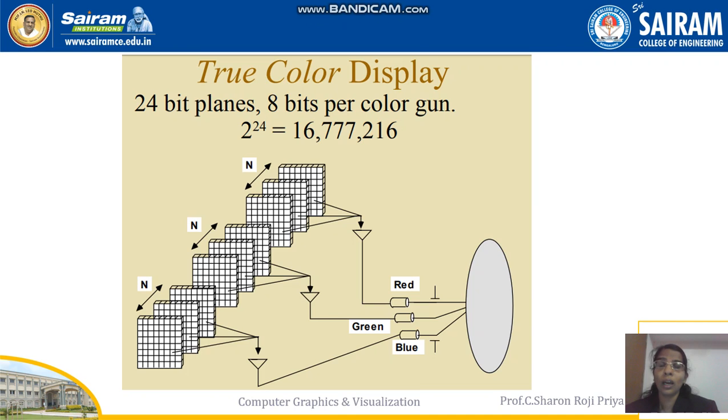For color, I'll be using the primary colors red, green and blue. Out of this 24 bits, 8 bits for red, 8 bits for blue and 8 bits for green. So how many colors are possible? 2 power 24, almost n number of colors. Almost all colors can be covered, so it is known as a true color system or full color system.